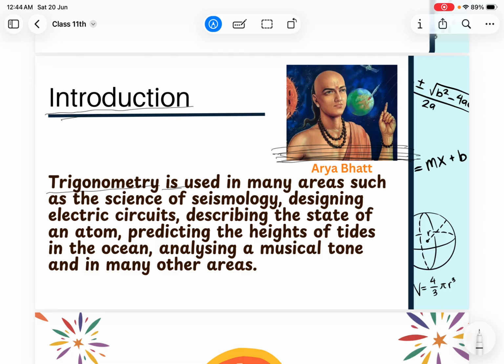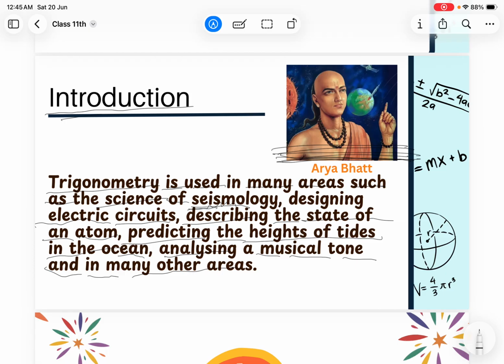It says that trigonometry is used in many areas, and its actual applications are there in so many areas, such as seismology, designing electric circuits, describing the state of an atom, predicting the height of tides in the ocean, analyzing a musical tone, and in many other ways. So you see, this is very important, okay?